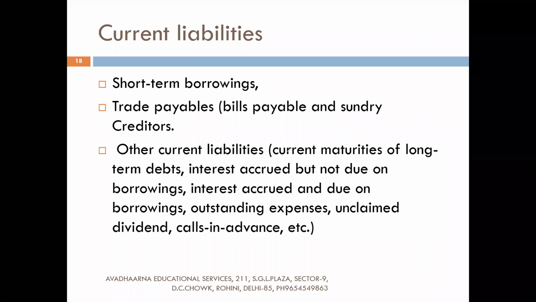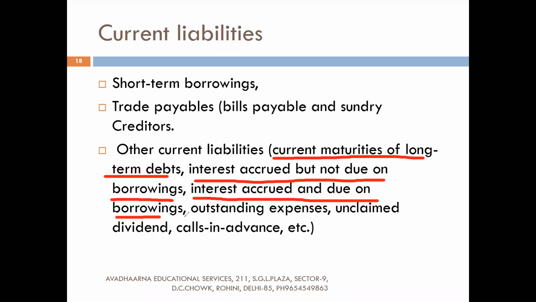It is current maturities of long-term debt, interest accrued but not due on borrowings. I hope you remember the difference between the two. Interest accrued and due on borrowings, outstanding expense, unclaimed dividend, calls in advance, etc.